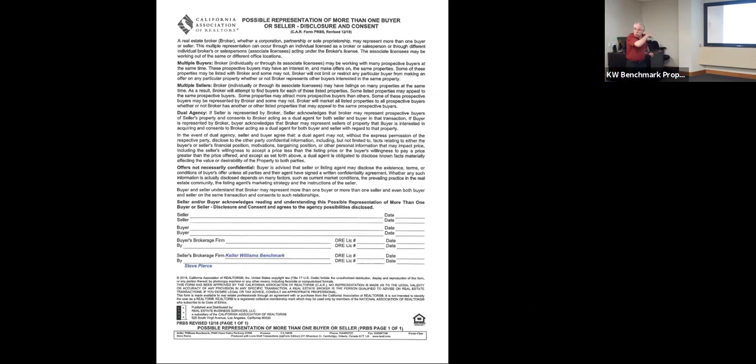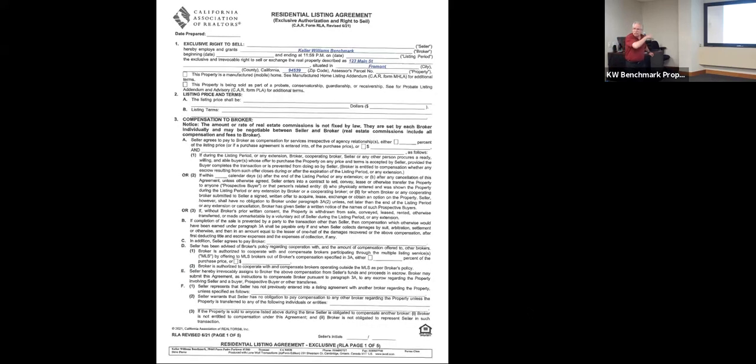That listing agreement, the one I just showed you, the RLA, is for single family home, condo, townhouse. I'm going to show you about a half a dozen more listing agreements. You have to determine what your property is to determine which listing agreement you use. We'll see all the rest going forward.